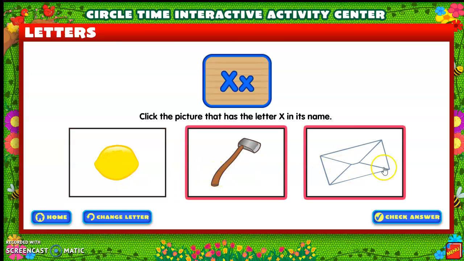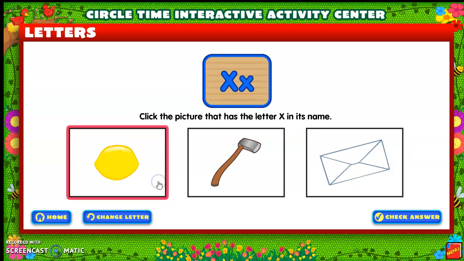Axe, envelope. Let's see, which one do we hear the letter X in its name? Envelope? No, I don't think so. Lemon. What letter does lemon start with?